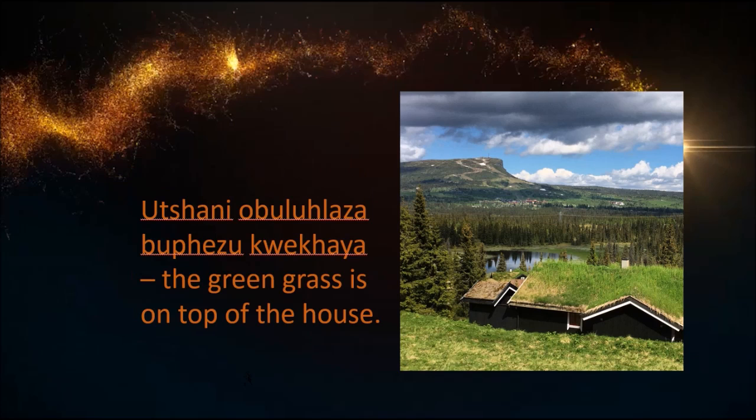Here, as you see, there's grass, lovely green grass everywhere. Now notice we use the same word for blue for the sea as for green, and that is, it is not distinguished in Zulu. It is the same word, luhlaza. But here we have a context, we can see the grass is green.